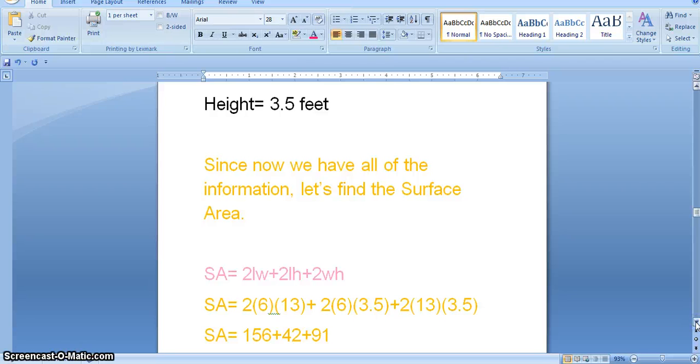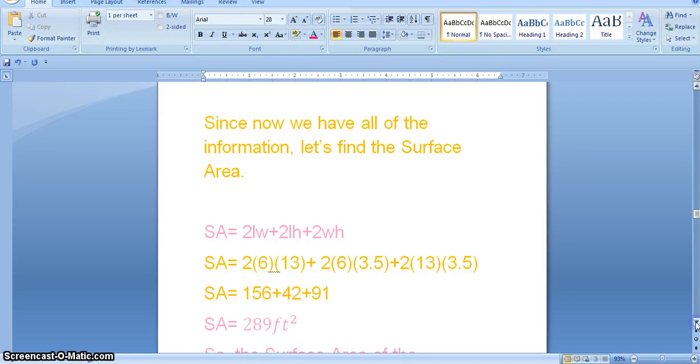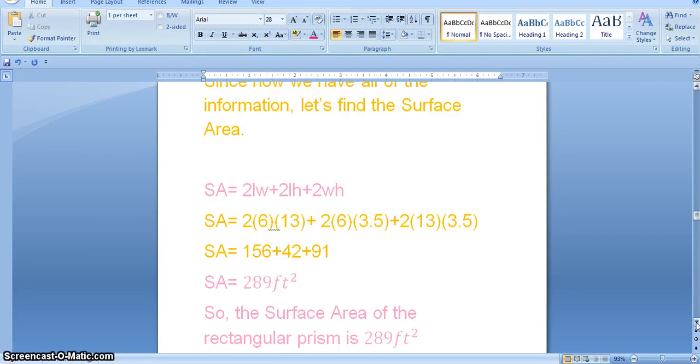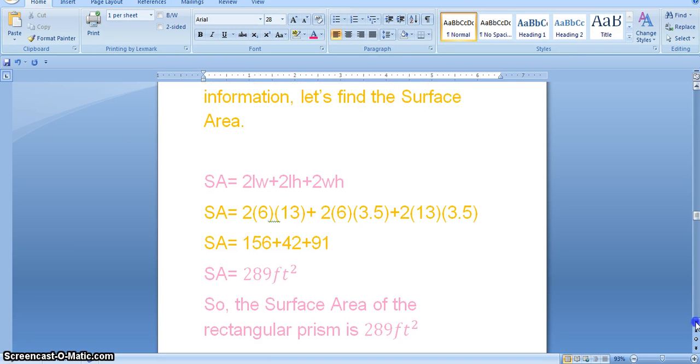Surface area equals 156 plus 42 plus 91. So it equals 289 feet squared, because we're talking about surface area, so we square it. So the surface area of the rectangular prism is 289 feet squared.